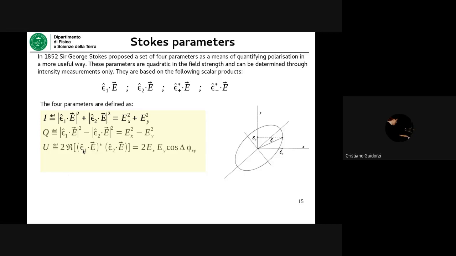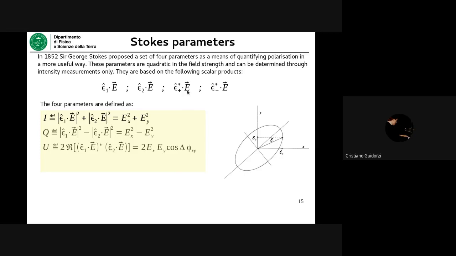So here you have to work out the scalar product, take the complex conjugate, where the asterisk stands for complex conjugate, and then multiply by this guy here, and then you take the real part of this twice. I'm not going to show you; I invite you to verify that the second equalities here can be verified in a straightforward way.